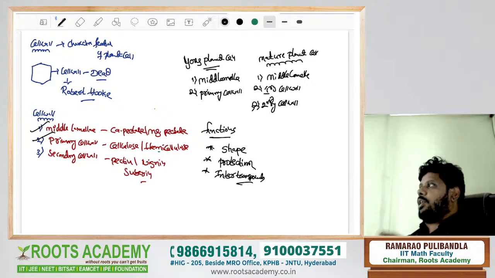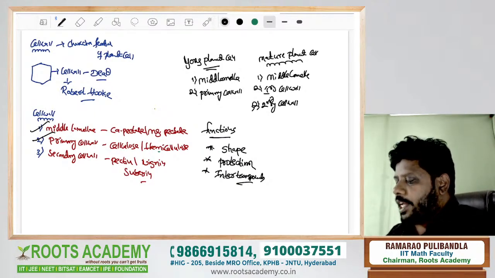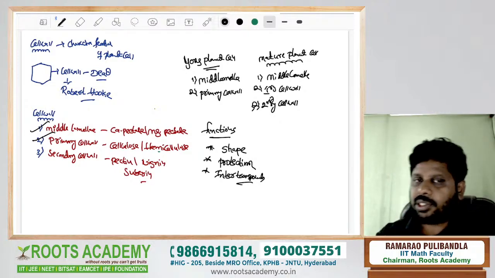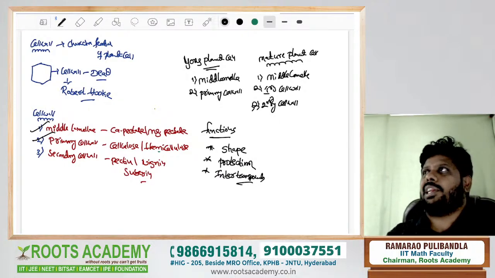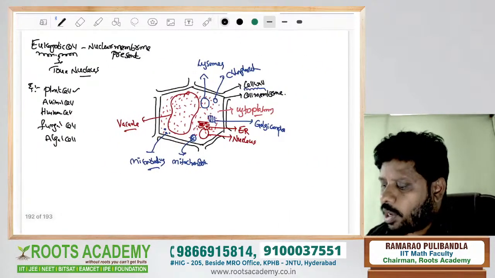So, materials are transported from one cell to another cell through the cell wall. So, that's why shape, protection and internal transportation. Clear?